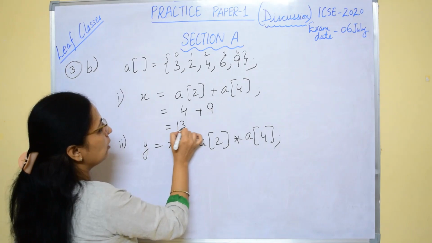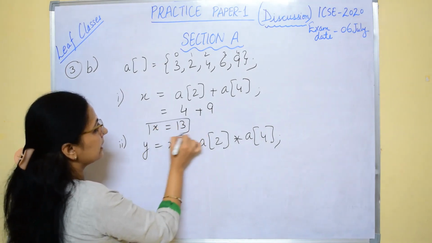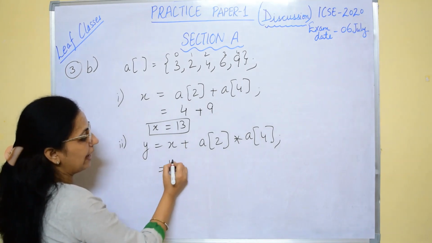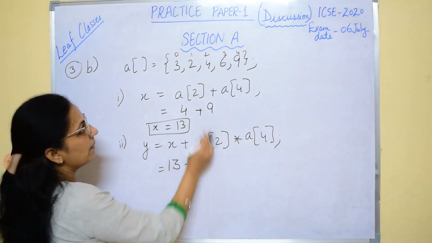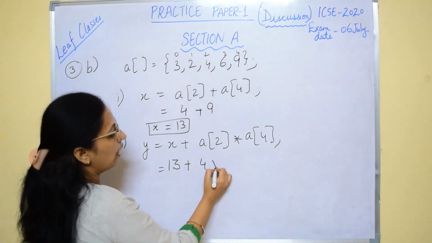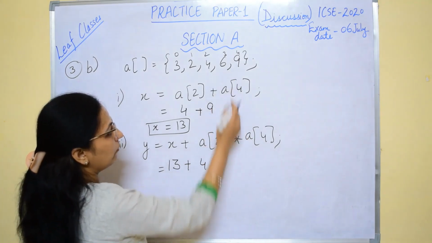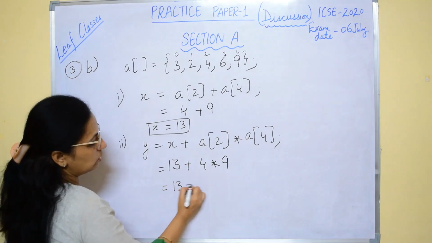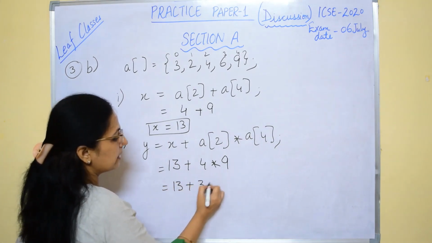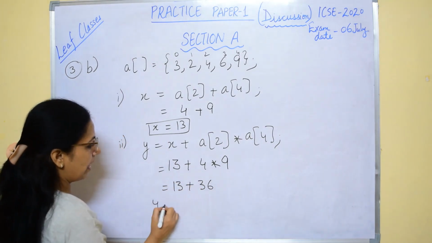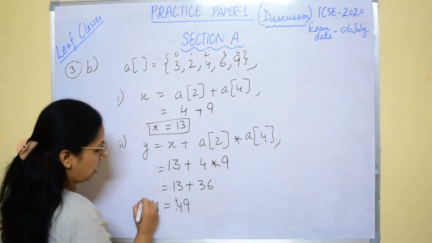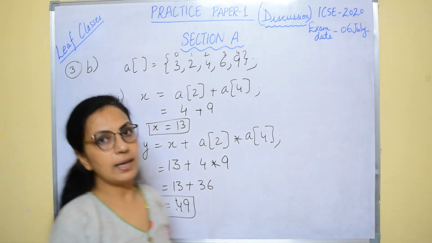So the value of x is 13. And y equals x plus A[2] multiplied by A[4]. x we have calculated, this is 13, plus A[2] is 4 multiplied by A[4], that is 9. So this is equal to 13 plus 36. So y equals 49. So this is how you will calculate.